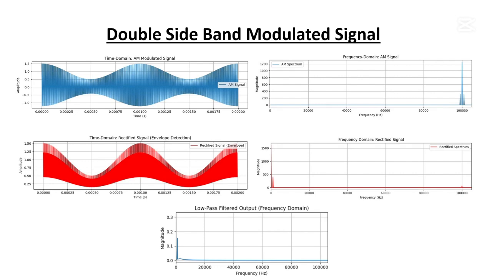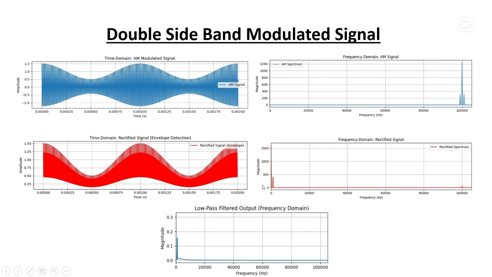And if we use a perfectly calculated capacitor, then the ripples will be minimal, and in the frequency domain we can observe clearly that the original signal has a very minimal magnitude, and we have an original message signal, meaning this signal contains this modulated signal as well as the original signal.